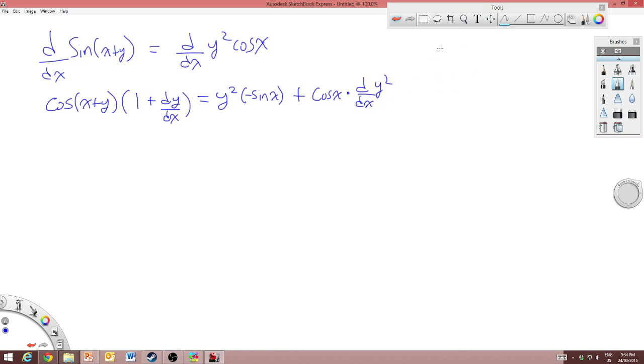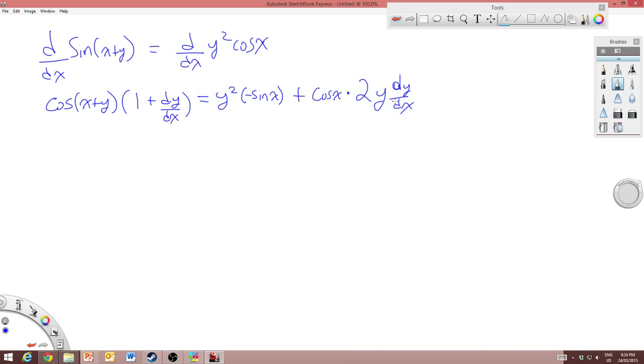Or in other words, rather than writing it that way, I'm going to write it as dy squared over dy times dy over dx. This allows me to rewrite this part. Well, the derivative of y squared with respect to y is just 2y.